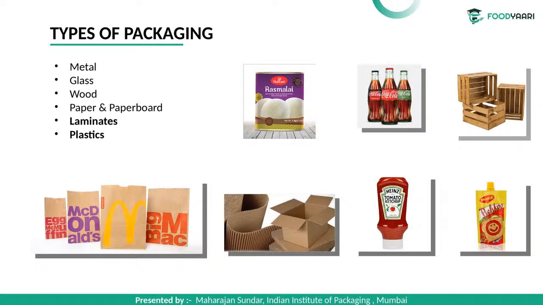So the cycle, which involves the manufacturing cost, the carbon footprint, the water used, and the electricity consumed, is very low compared to glass, metal, and wood. So packaging is the most sustainable material, but it is not properly managed.